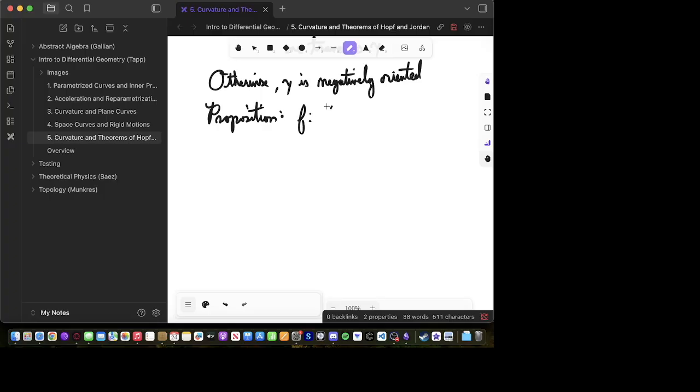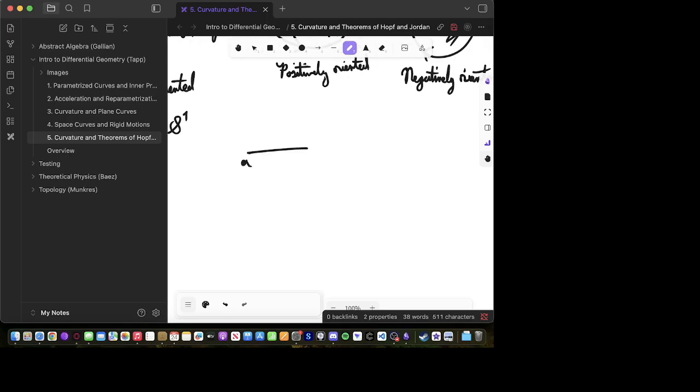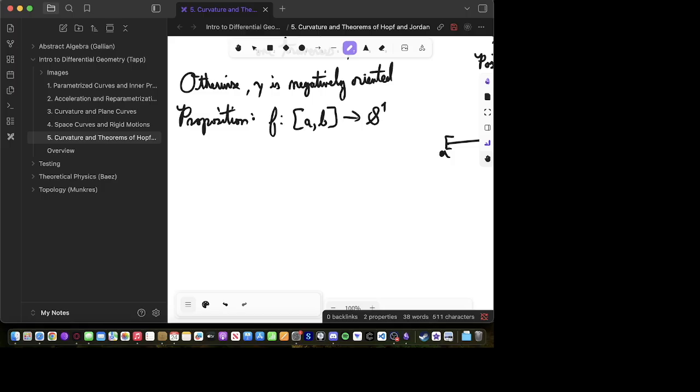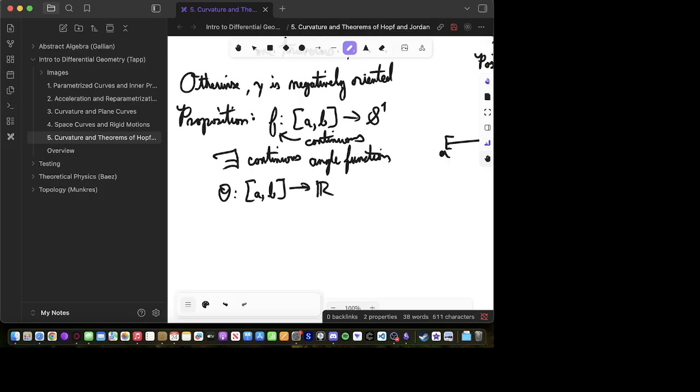If we have a continuous function f from an interval [a, b] to the circle, then there exists a continuous angle function theta, which goes from [a, b] to R, such that f of t equals cosine of theta of t, sine of theta of t.